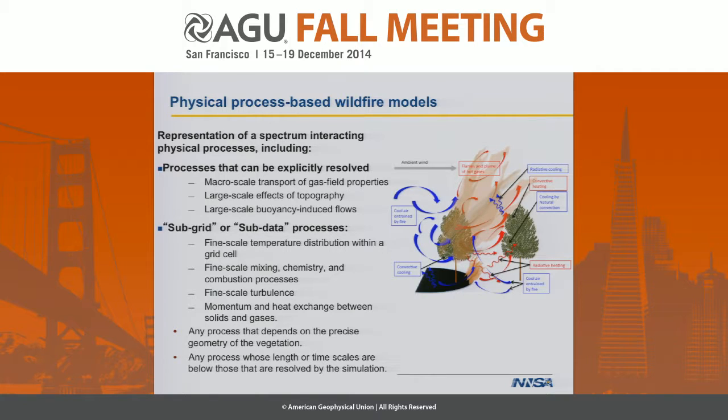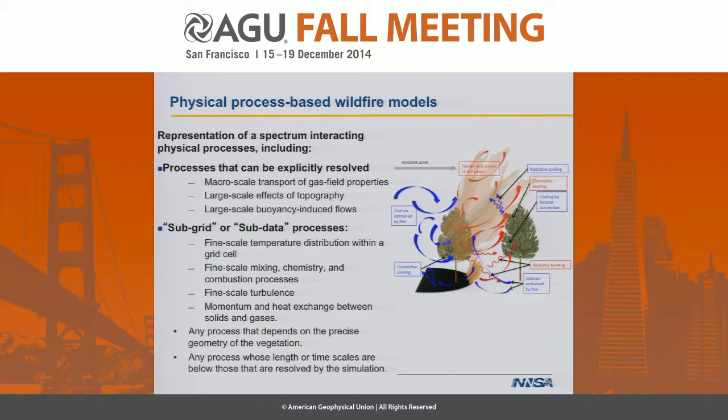So an example of resolved phenomenology would be the wind flow over topography, for instance, or maybe the wind flow around trees. Some examples of things that are subgrid would be flow around individual branches or flow around pine needles, because you don't know where they are and you can't resolve them even if you knew where they were, if you want to do a landscape scale simulation.